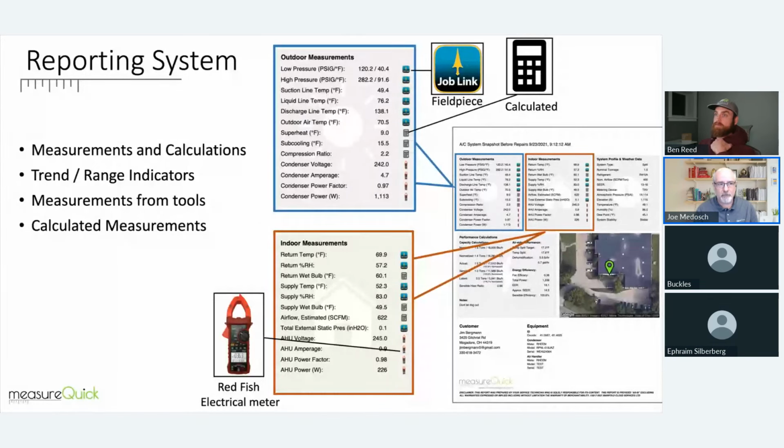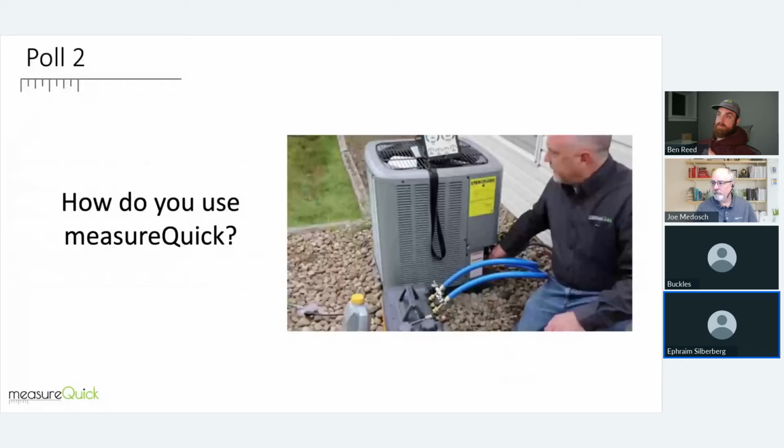Okay, we've got a poll. Quick question. You had on one of the minor faults as approach is too low. Can you explain what that means? Yeah, I will. I'm going to do a demo in a second. Whenever I train, I always talk about approach. So approach is how close the liquid line is to the outdoor temperature, because the liquid line is being controlled by the outdoor temperature.